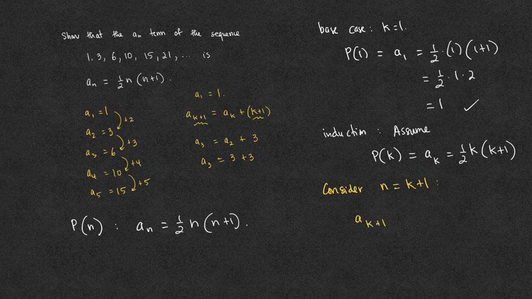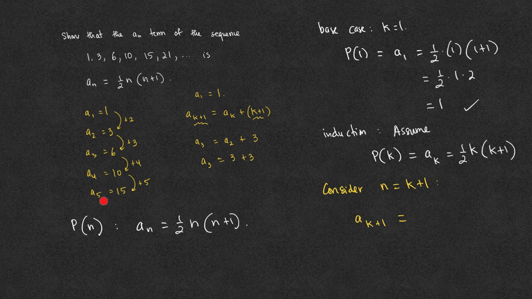But how do we get a sub k plus 1? For this sequence, every time we obtain the next term, we will simply add the new subscript to it. So for example, in order to get a sub 2, we add 2 to a sub 1. In order to get a sub 5, we add 5 to a sub 4.